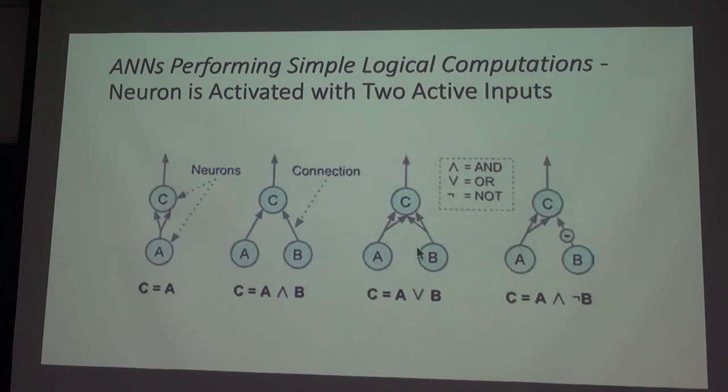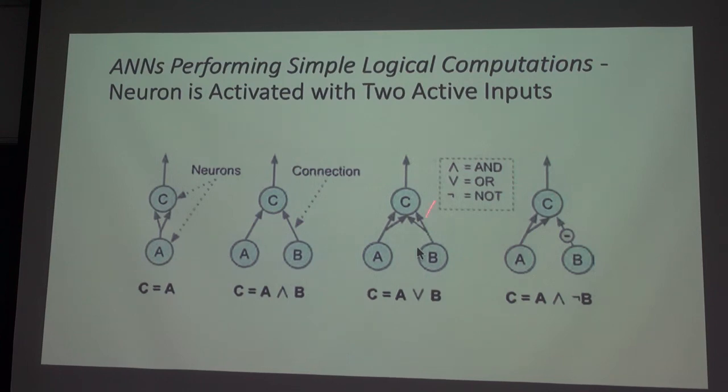So that's C equal to A and B, very easily. This one is C equal to A or B. You can see if A is active or B is active, or even when both A and B are active, C will be active. But if both A and B are not active, C will not be active, which is exactly the case of C equal to A or B.